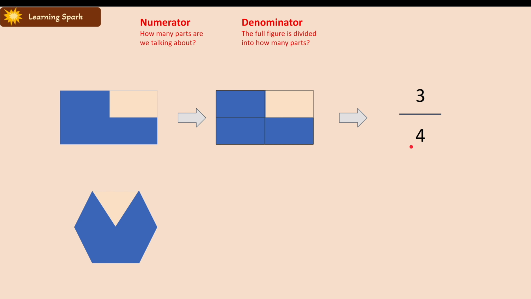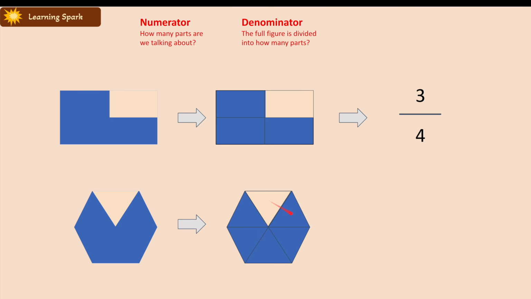Now let's take another figure and convert it into a fraction. This is also not a full figure, right? This is also a part figure, so this will be a fraction. This is a hexagon. If we draw the full figure, it will be a hexagon, and with lines it can be divided into 6 equal pieces.